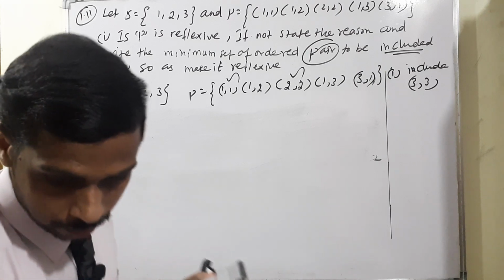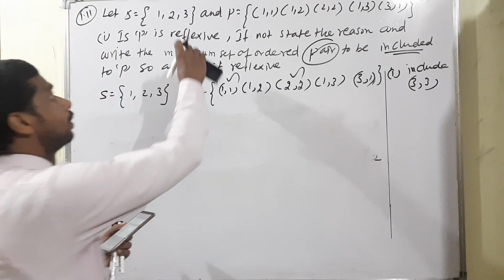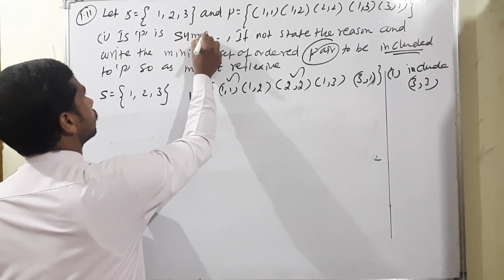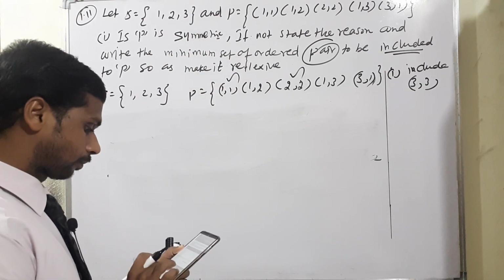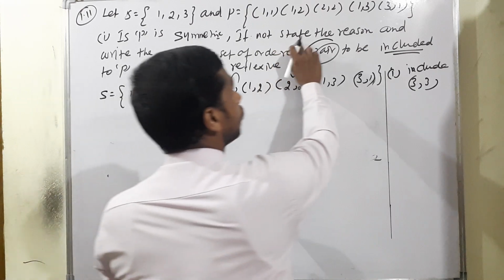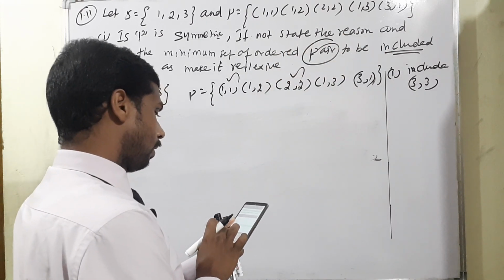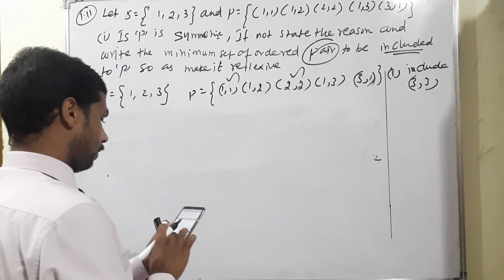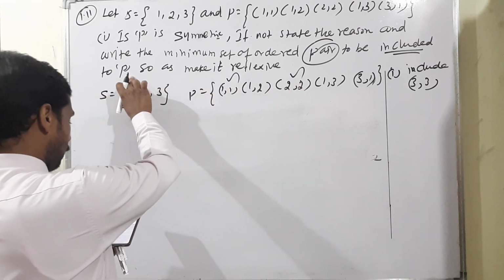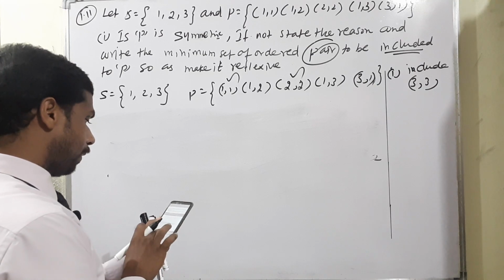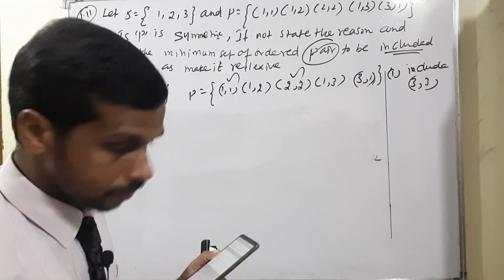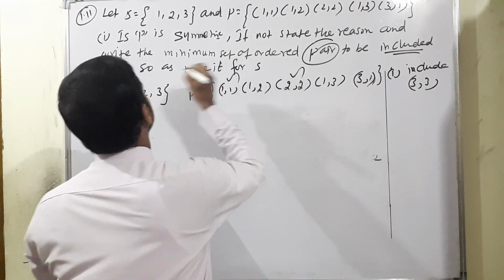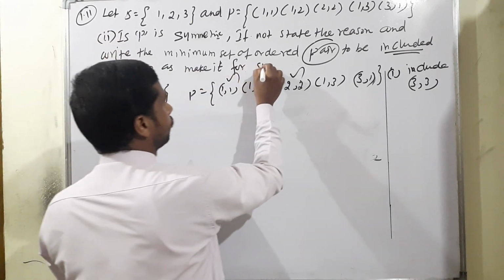If rho is symmetric, then if not, state the reason, and write the minimum number of ordered pairs to be included in P to make it symmetric. This is question number 2, subdivision 2: make it symmetric.